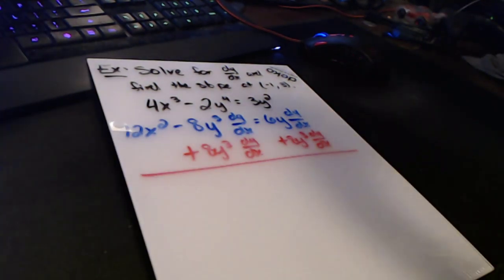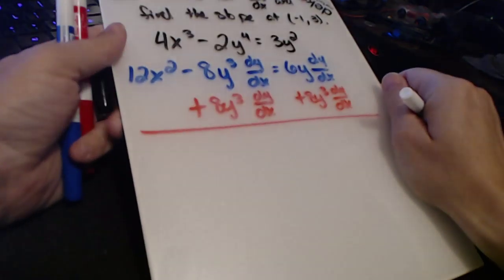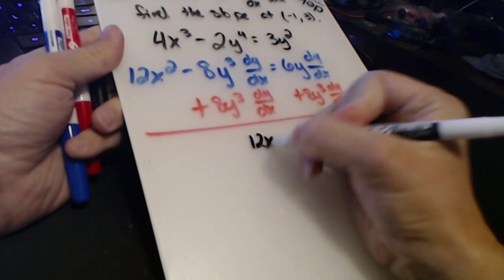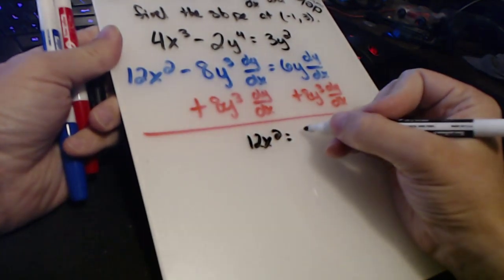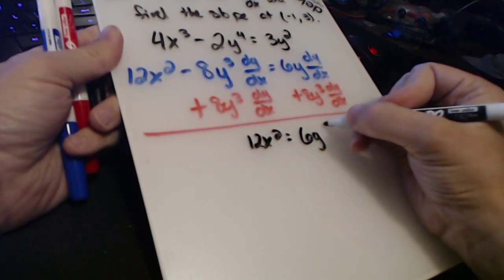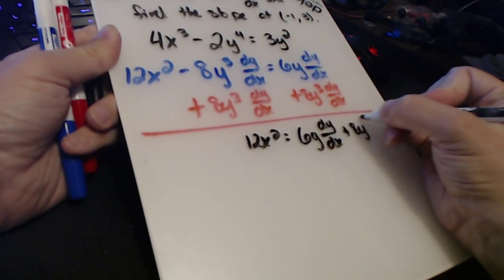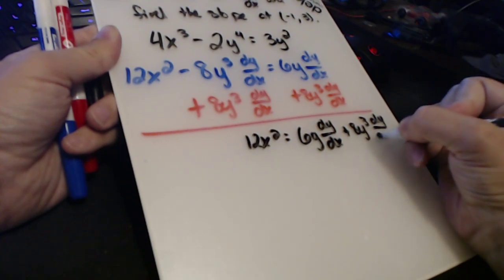All right, so we end up with 12x squared is equal to 6y dy dx plus 8y cubed dy over dx.